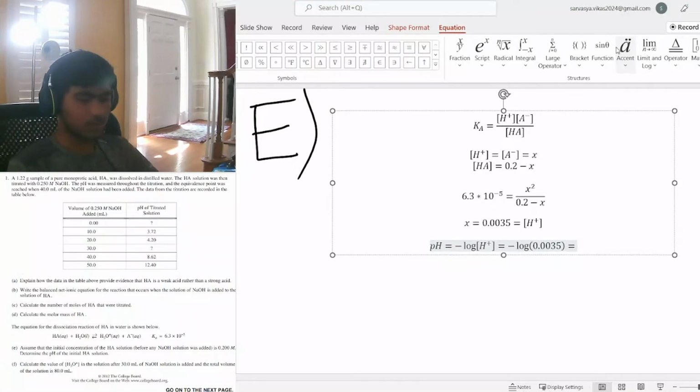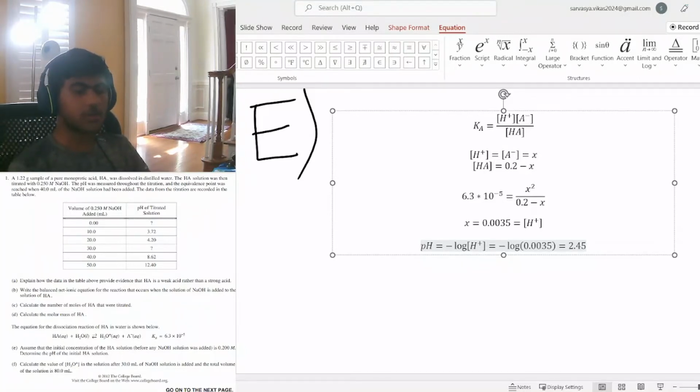Let's press our calculator again, and we get the negative log of 0.0035 is 2.45, not 2.46.